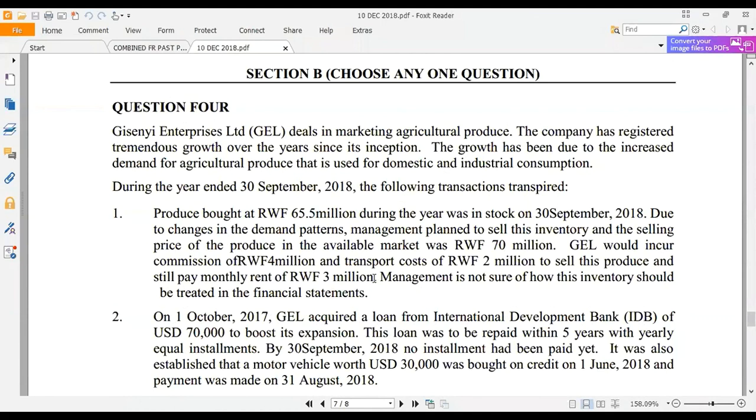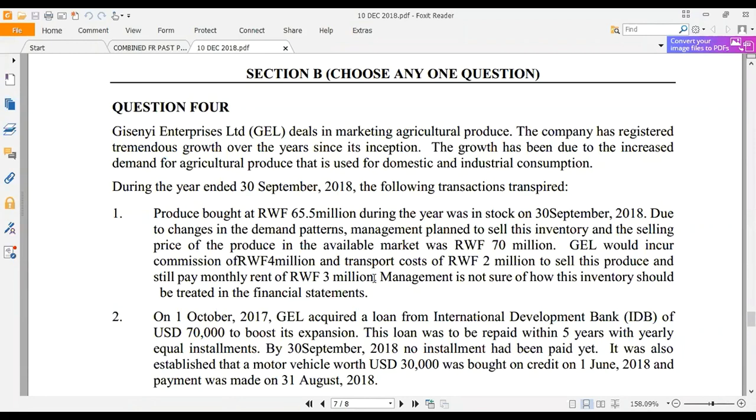Gisenyi Enterprises Limited deals in marketing agricultural produce. The company has registered tremendous growth over the years since its inception. The growth has been due to increased demand for agricultural produce that is used for domestic and industrial consumption.